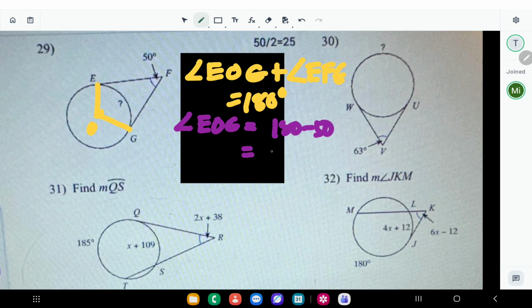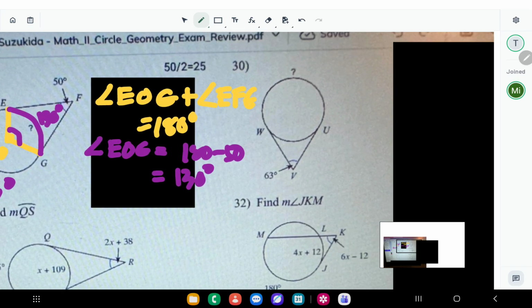So that is 130 degrees. And the central angle and its intercepted arc are just equal. So that means this is 130 degrees, right? Therefore, arc EG is also equal to 130 degrees.